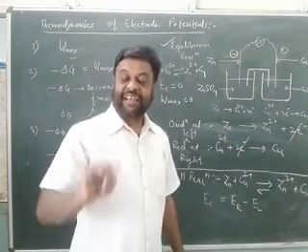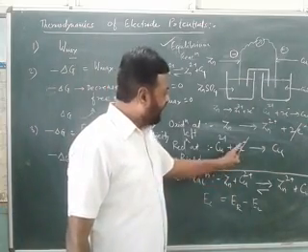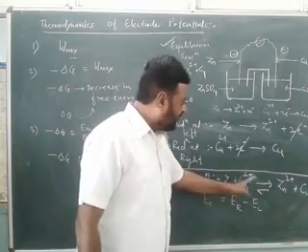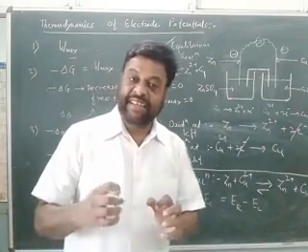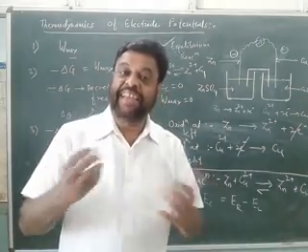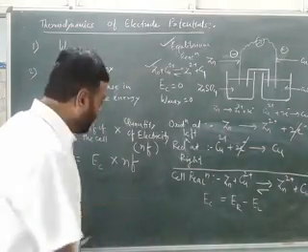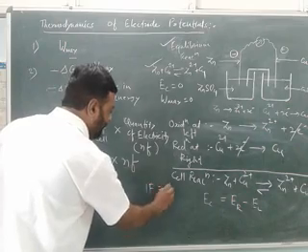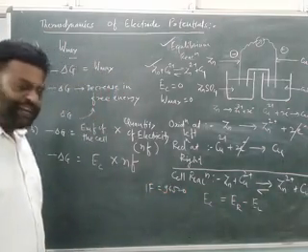n is nothing but number of electrons involved in the reaction or valency of the positive ions. All of clear? What do you mean by n? n means number of electrons involved in a chemical reaction. And F means Faraday. 1 F is equal to 96500 Coulomb. All of clear.